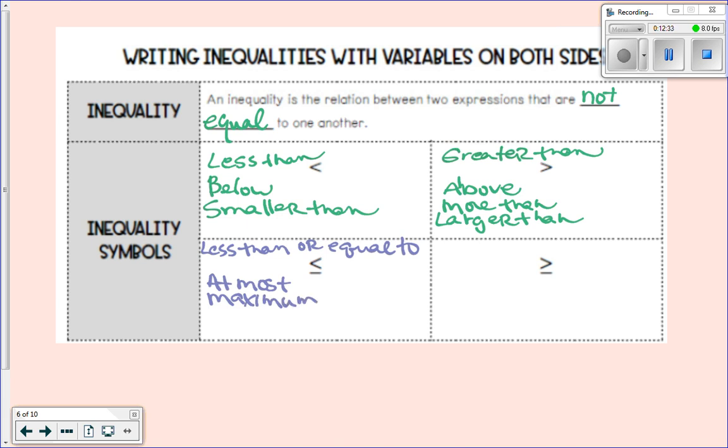So the most you're going to get is equal to $10 or anything less than. No more than $10. Be careful when it says at most and maximum, it is less than or equal to. Make sure you think before you write down an inequality, okay?